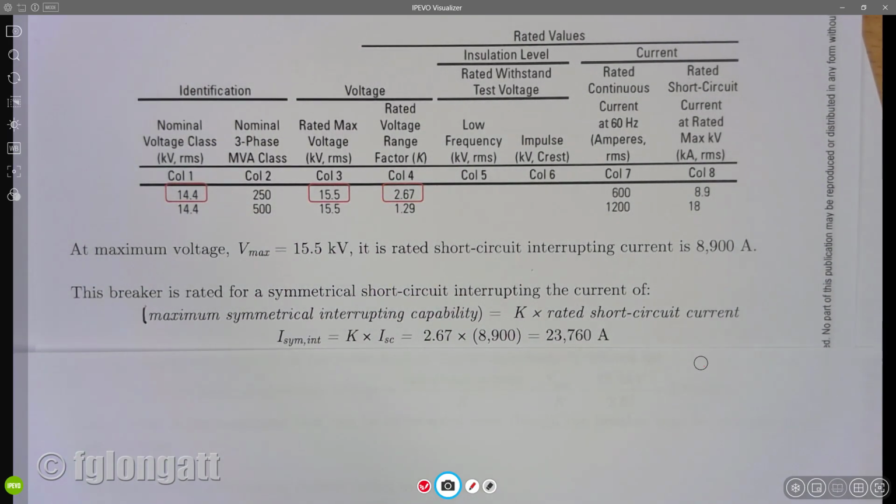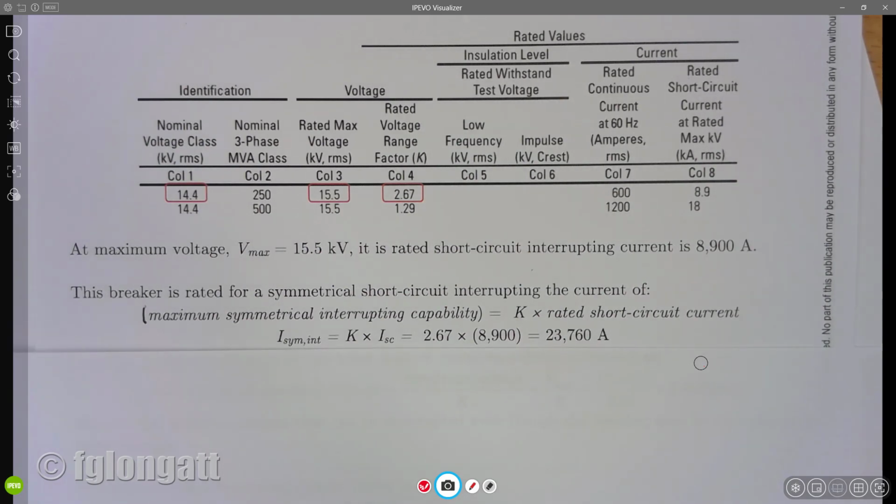In this case, we know that the current is 8.9, and also we know that the voltage range factor K is 2.67.